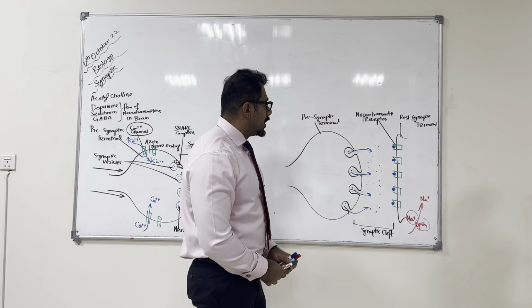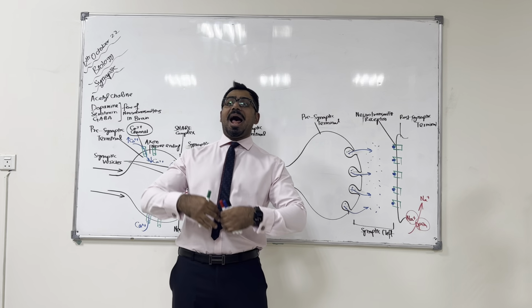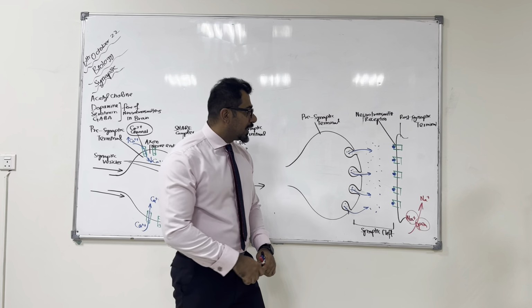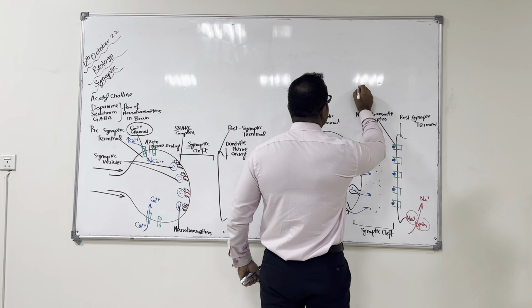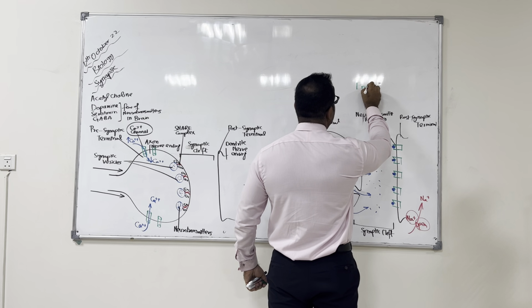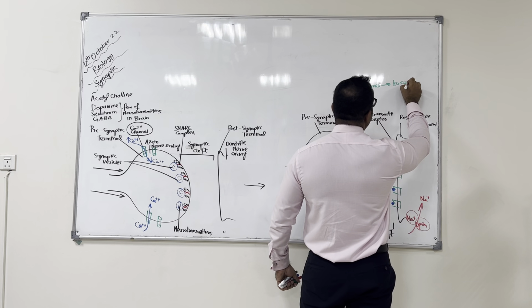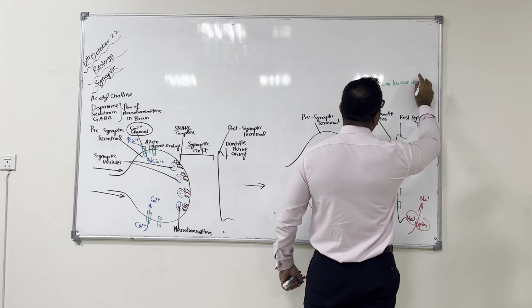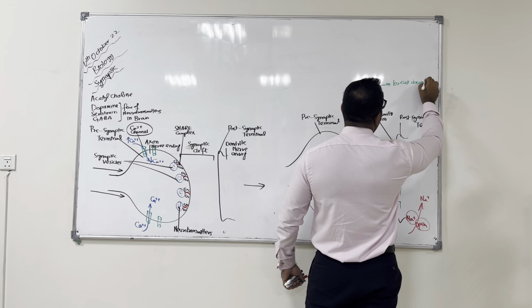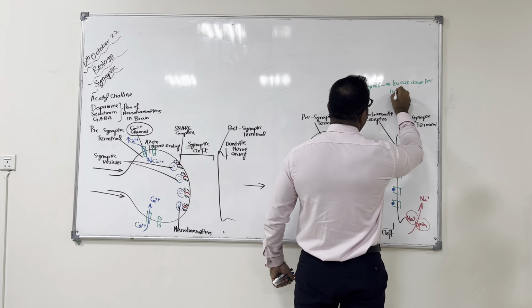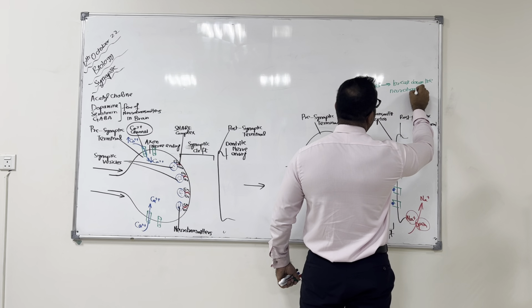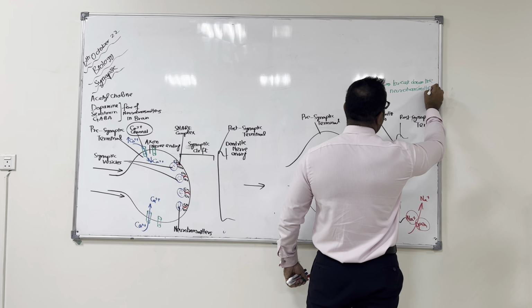So what happens? Once the neurotransmitter has transmitted the nerve impulse, there are enzymes that break down the neurotransmitters.